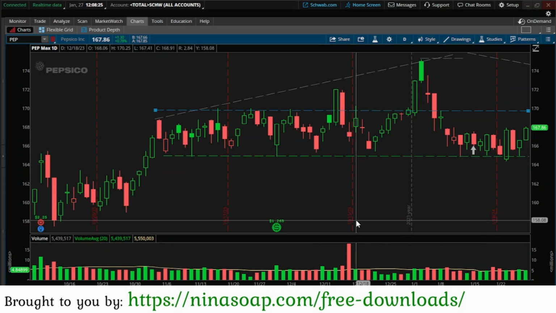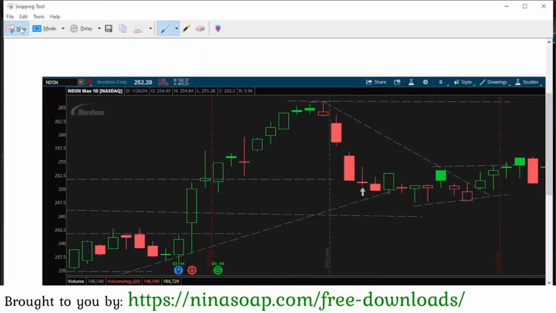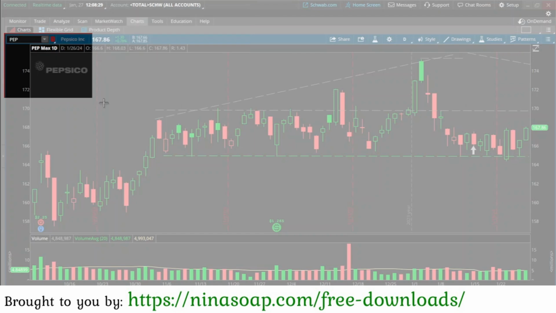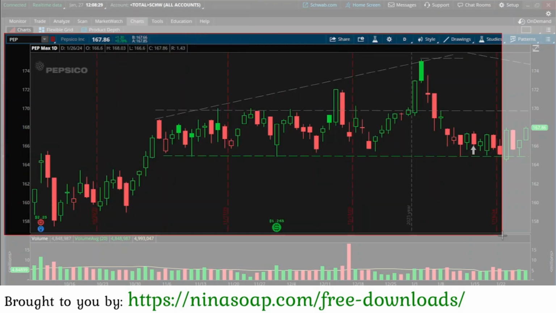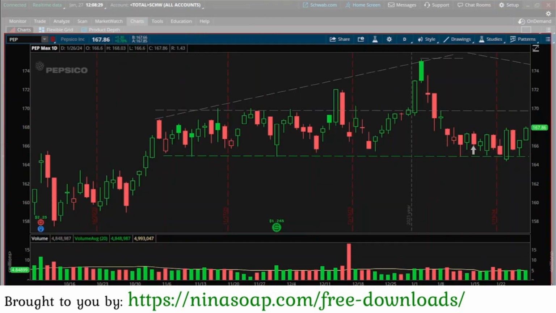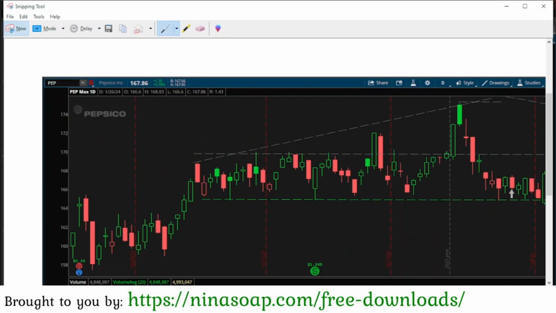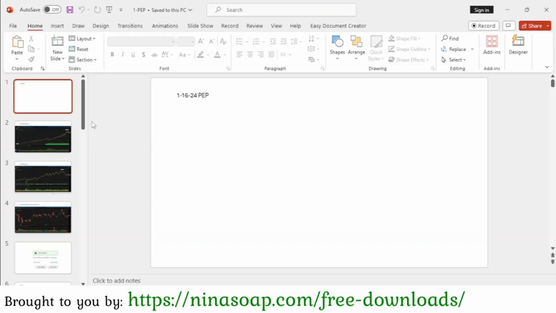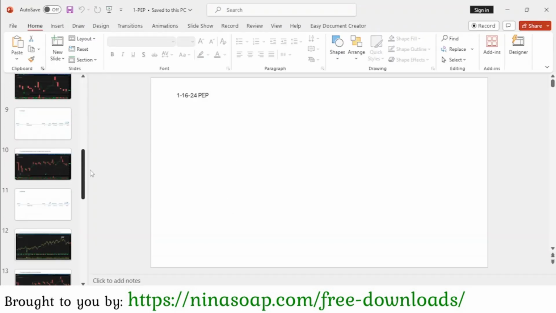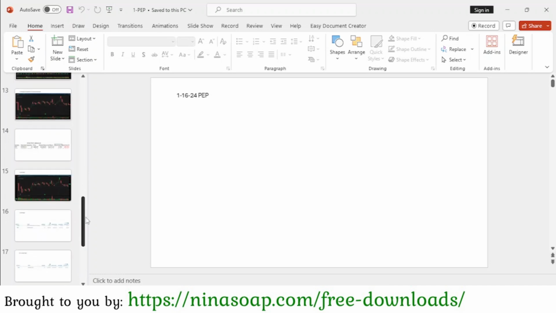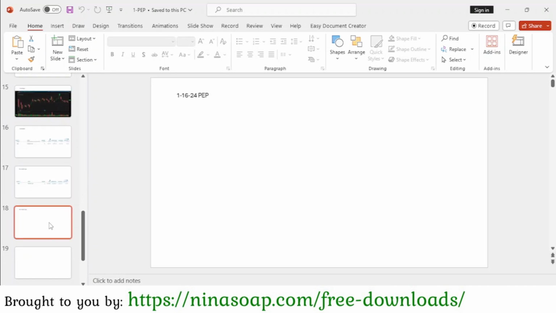Okay, so I'm just going to screenshot it. It's not the typical trend that I like to trade. This is a skill that I'm developing, trading that horizontal trend as well.